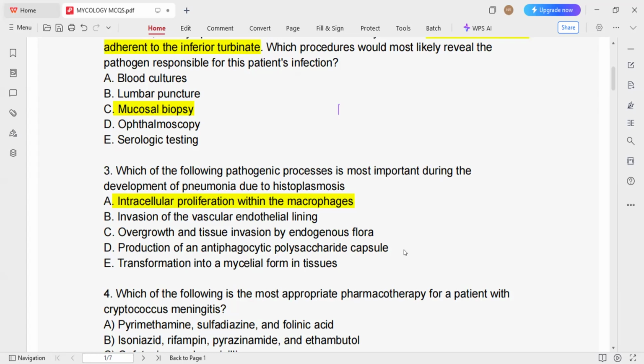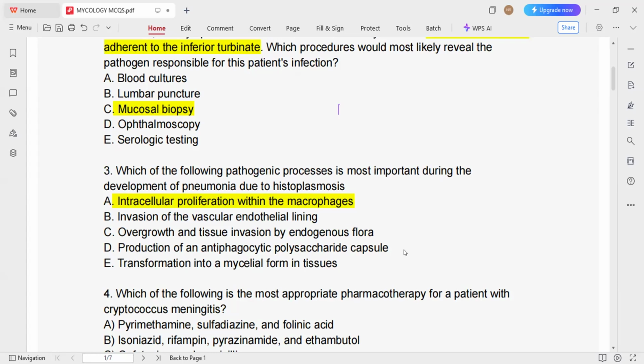It can be a mold. These are multicellular fungi. Then if you hear the word dimorphic, dimorphic means it can either be a yeast or filamentous, meaning it can either be single-celled or multicellular.